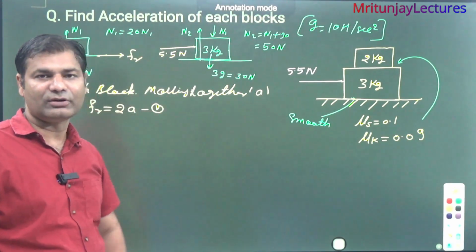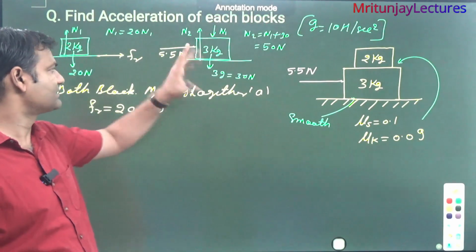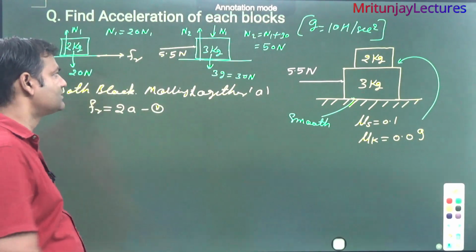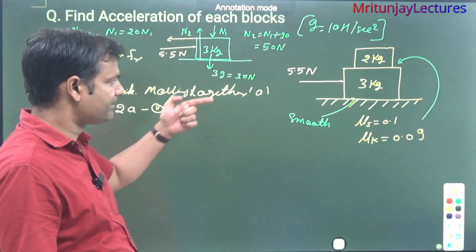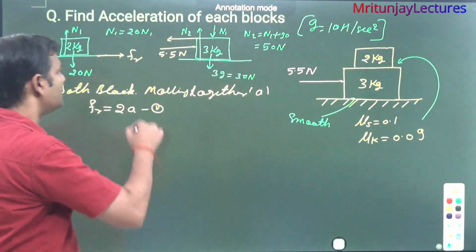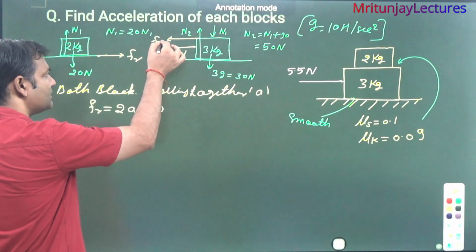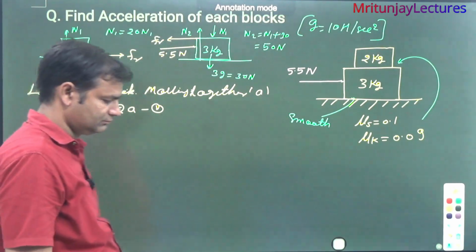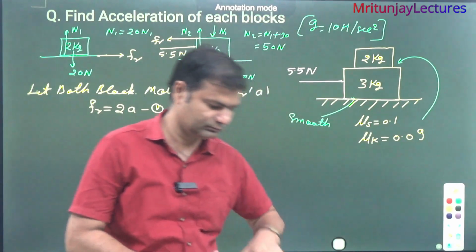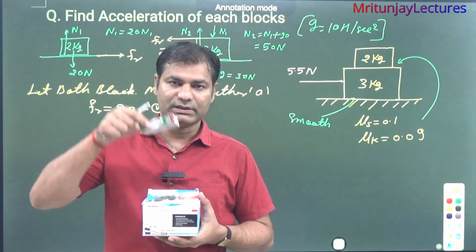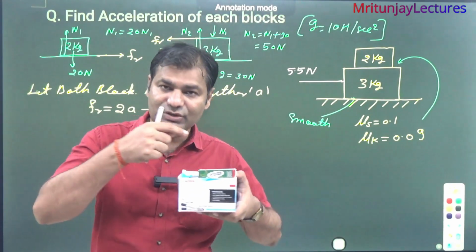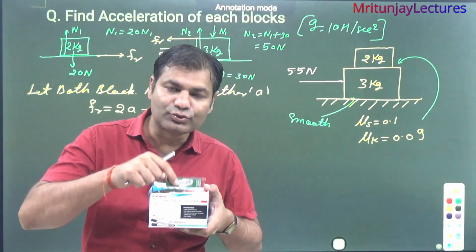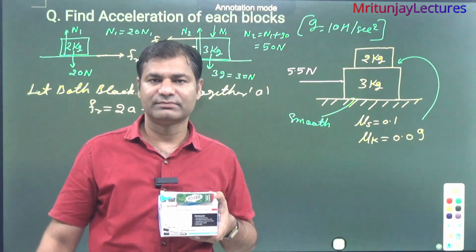What about the 3 kg block moving in this direction, but frictional force also acts due to Newton's third law. If you assume this block is moving in this direction, then Fr helps the 2 kg block move in that direction.